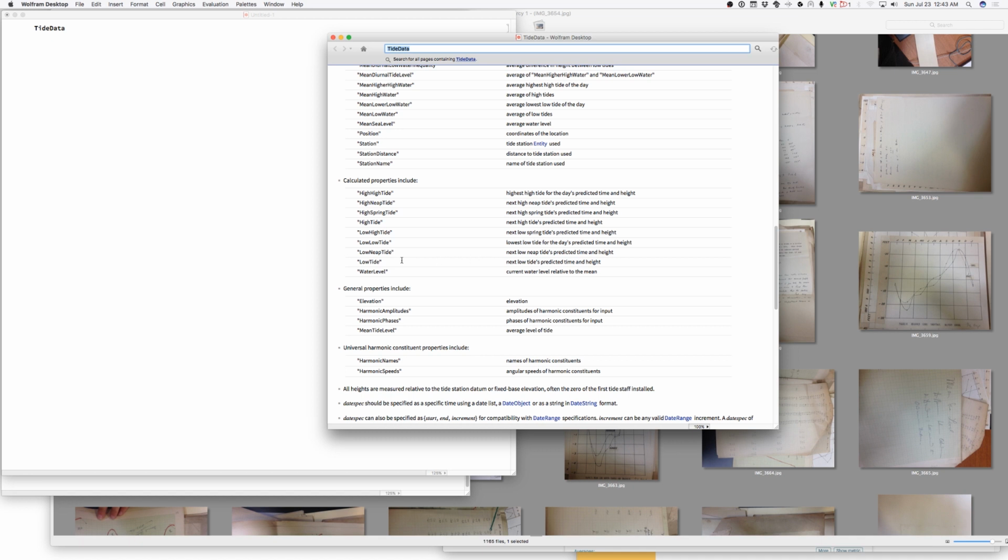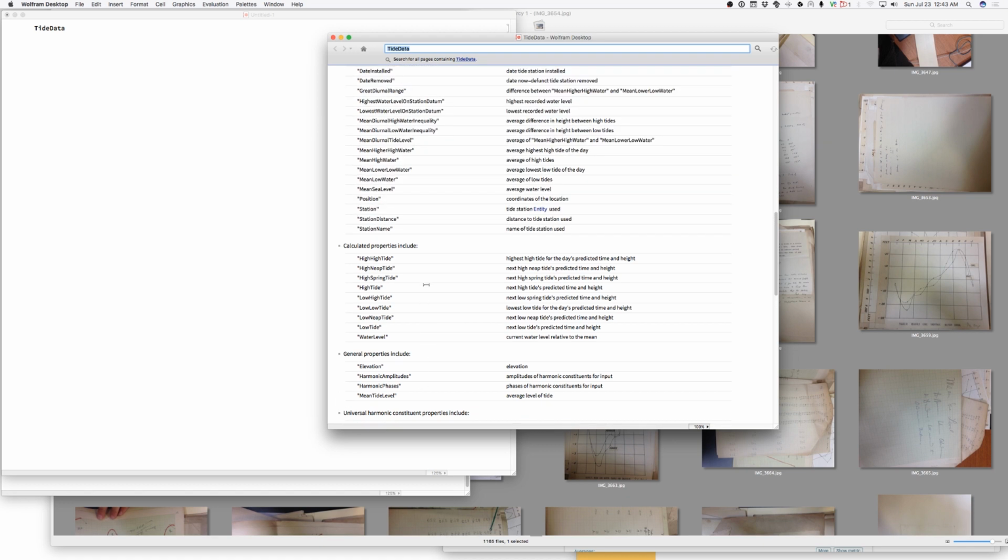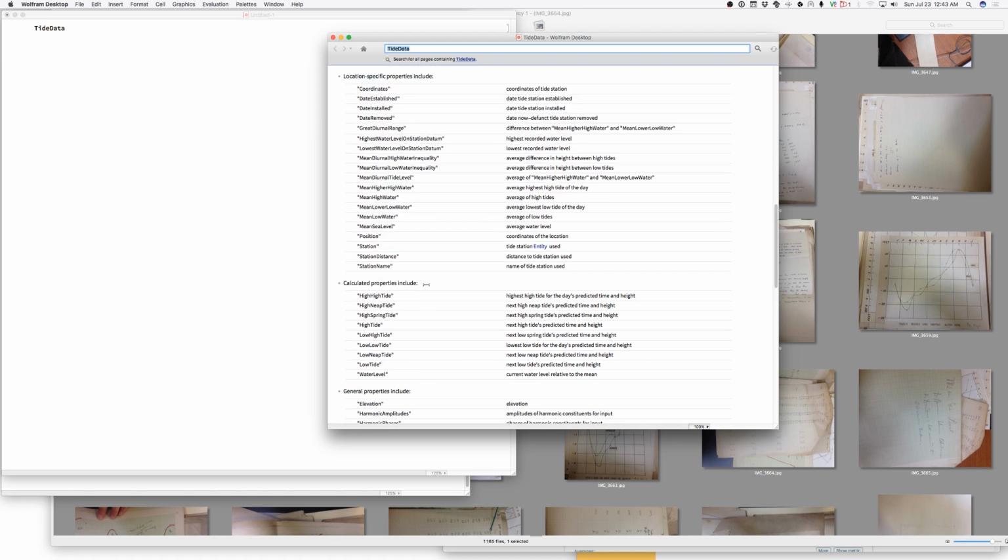What is low high tide? Okay, so this is the intertidal range. Mean high water. So let's see. High tide, highest. Next low spring tide.